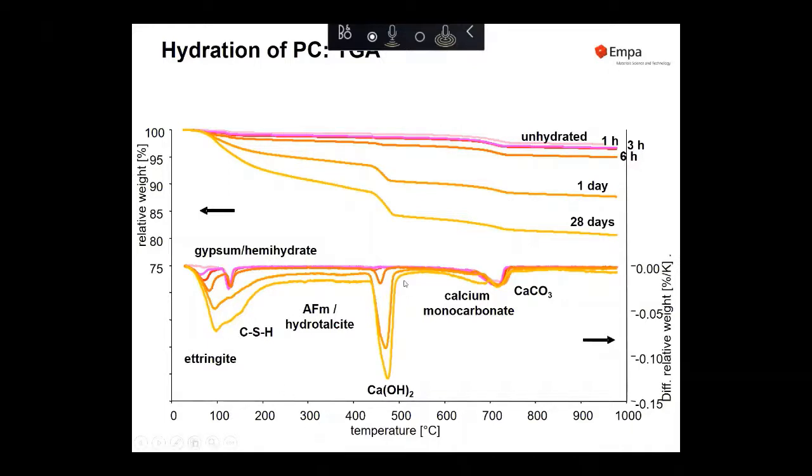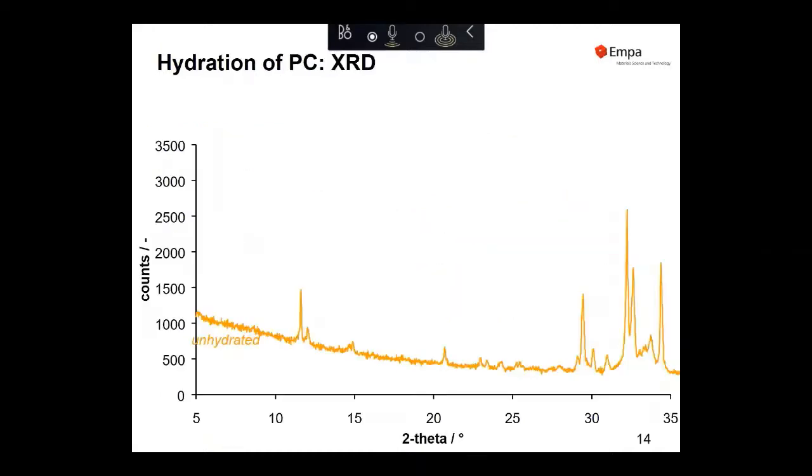And we can see the presence of different minerals. For instance, here the weight loss at 450 shows the presence of portlandite. In the early weight loss, we see the presence of ettringite as well as some C-S-H. And here we see the disappearance of gypsum and hemihydrate during the reaction.